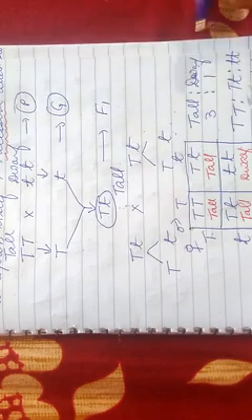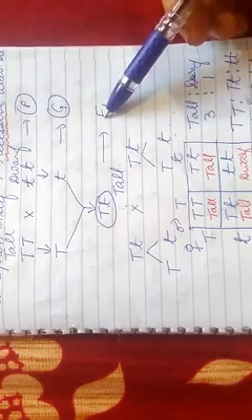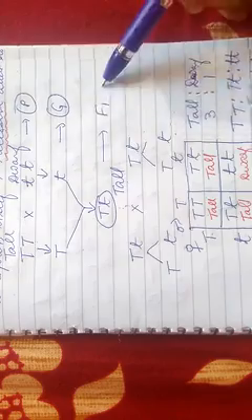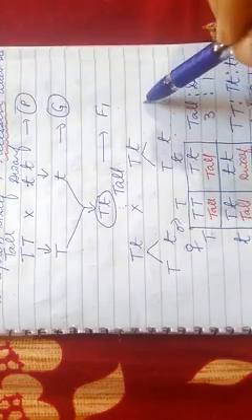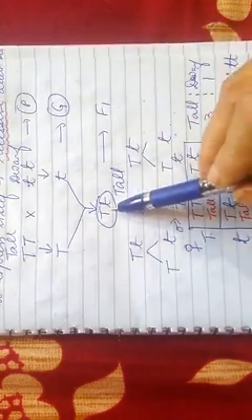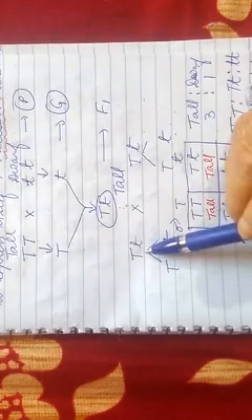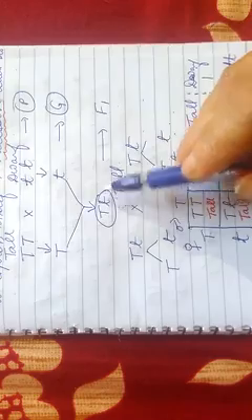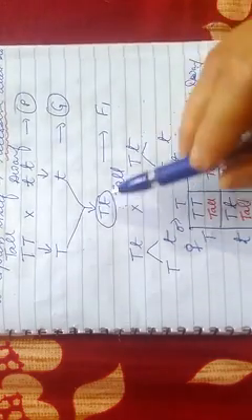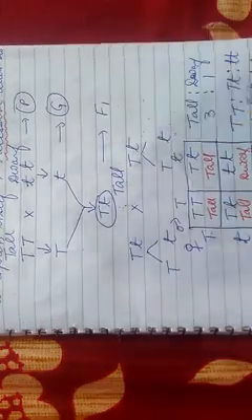Now in order to obtain F2 generation, F1 individuals will be allowed to undergo self-pollination, right? So one of this hybrid will act as one parent, and another of the same hybrid will act as another parent, right?